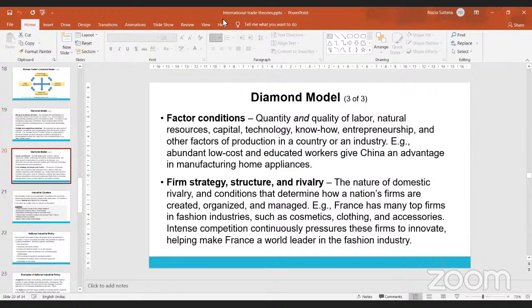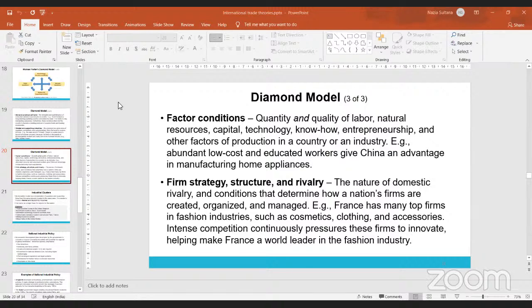The companies in France also have to constantly innovate so they don't lose their leadership position. In a market, whether domestic or international, you basically have four types of positions: leader, challenger, follower, and niche marketer. When you're the leader, you should be very cautious not to commit mistakes and lose your leadership position. So firm strategy, structure, and rivalry come into the picture there.